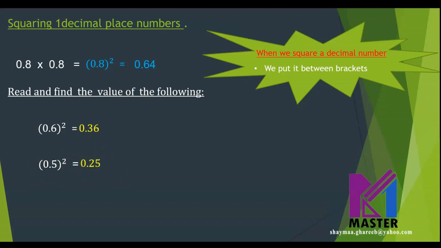What do you think? 25. So 0.25 or quarter is a square number. 0.7 squared equals 0.49. More examples. 0.1 squared equals, what do you think?